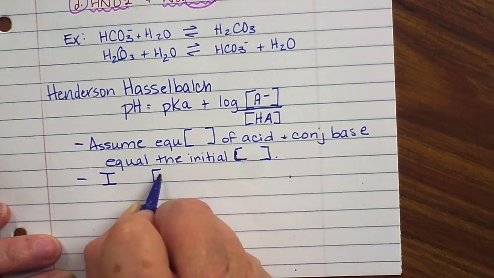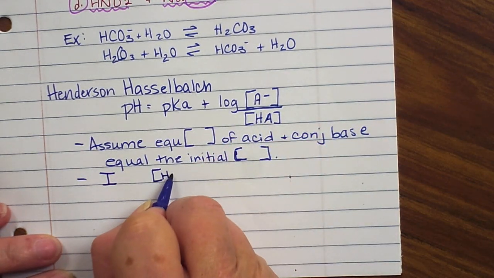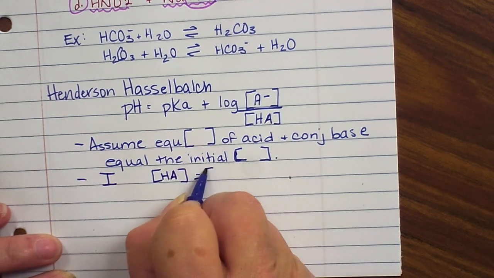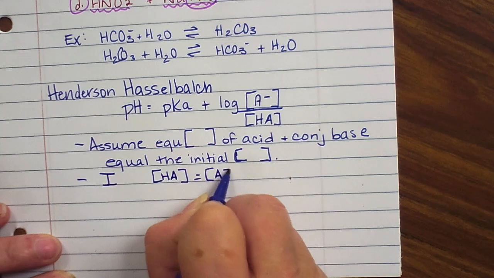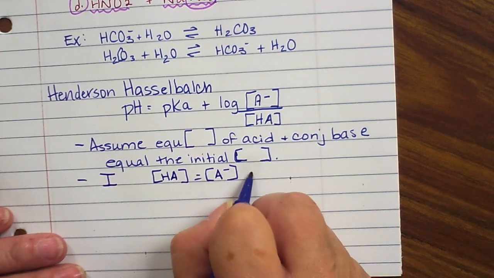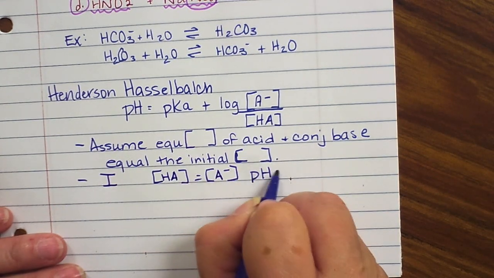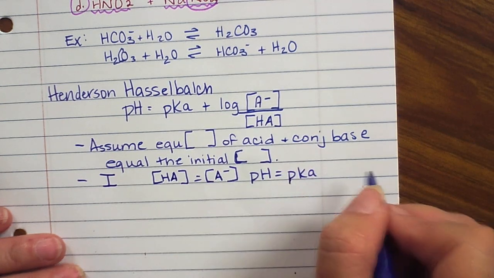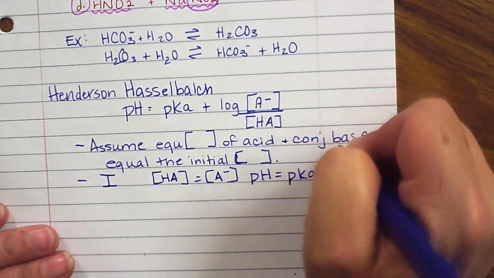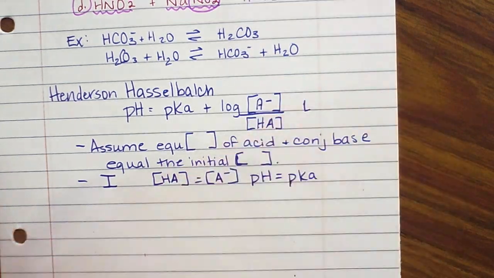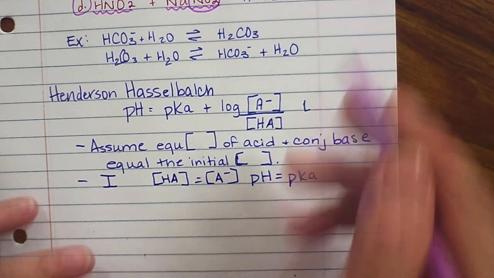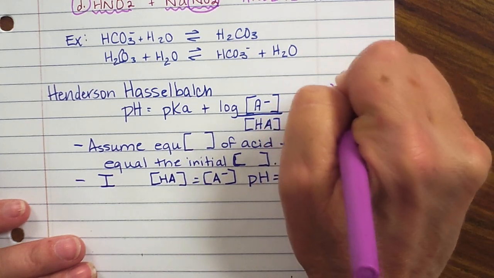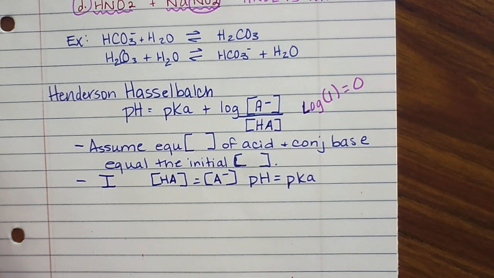If the concentration of HA is equal to the concentration of A minus, then the pH is equal to the pKa. Well, that's kind of interesting because remember that the log of 1 is equal to 0.